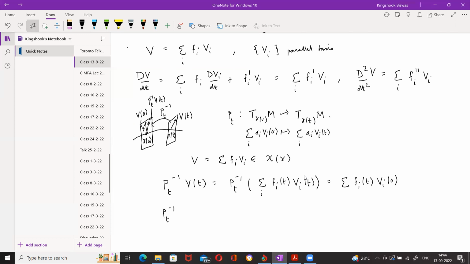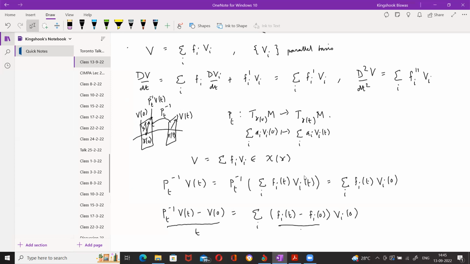Let me look at PT inverse V_t minus V_0. V_0 is summation f_i(0) v_i(0) and PT inverse V_t is summation f_i(t) v_i(0). So this is going to be summation (f_i(t) minus f_i(0)) v_i(0), right? Now I divide both sides by t, since I want to differentiate, and then I take the limit as t tends to 0.